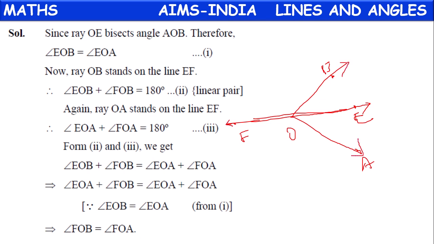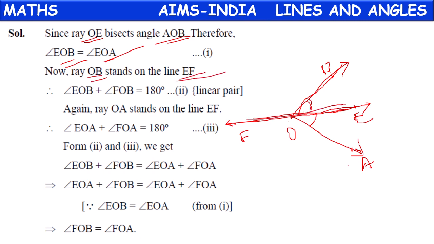They have given that OE bisects AOB, so 1 and 2 are equal. So EOB equals EOA. Now OB stands on the FE line.